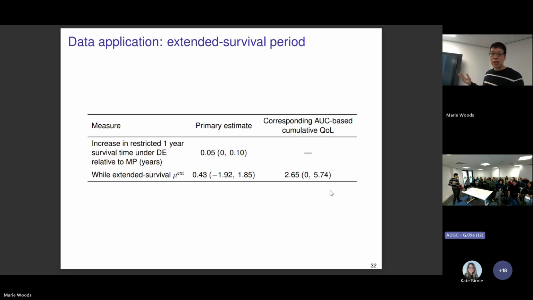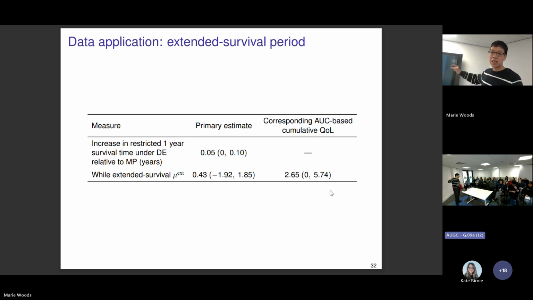And we can also look at the estimate in the extended survival period. First, we recall that there's an increase in restricted 1-year survival time under the treatment relative to control. And in this study, the treatment has an effect, but not very significant, 0.05 years, which translates to less than a month.